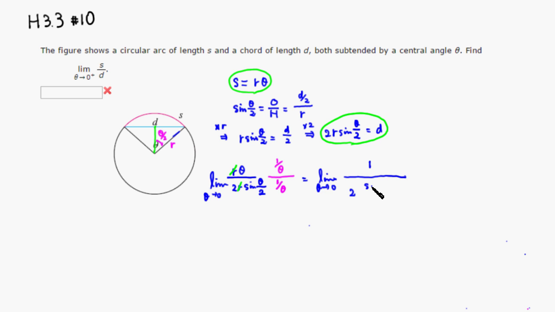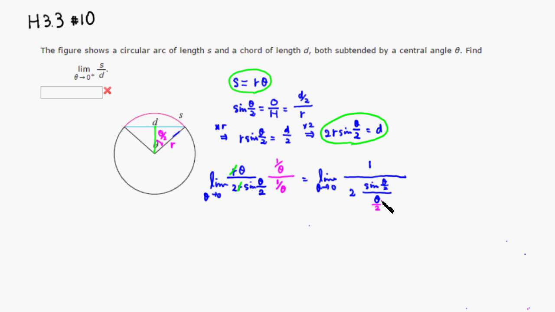And you have sine of theta over 2, over theta. Then we have to make this adjustment. I'm going to divide the bottom by 2, so it's theta over 2, because I want to match this theta over 2 there.